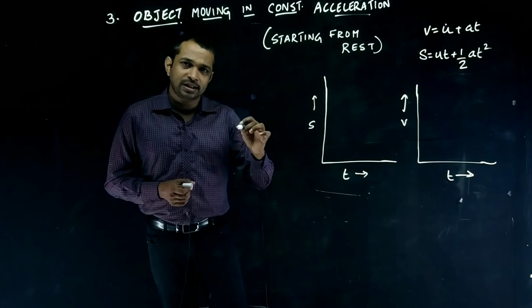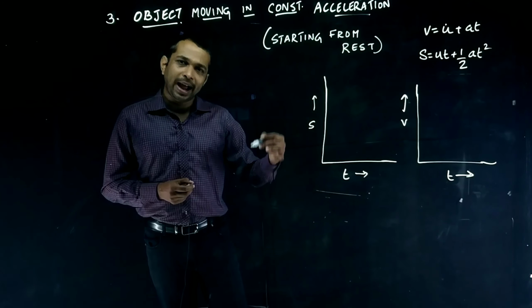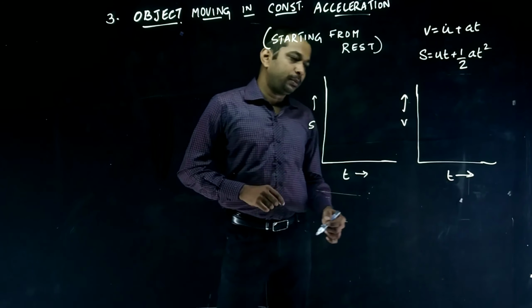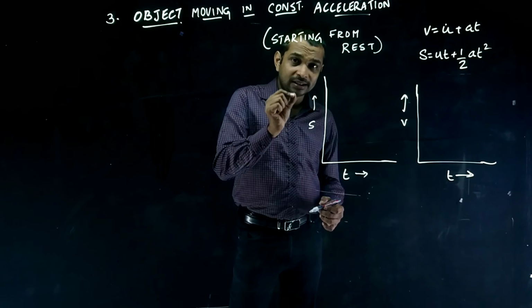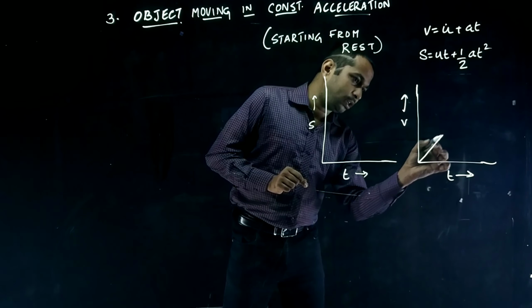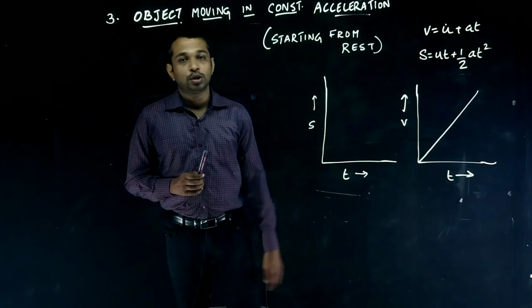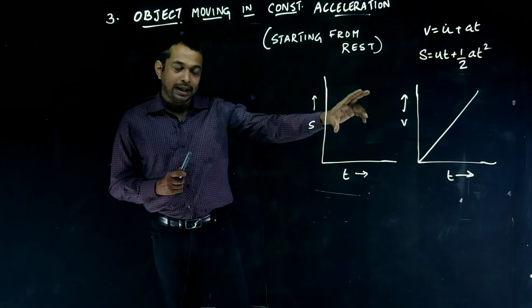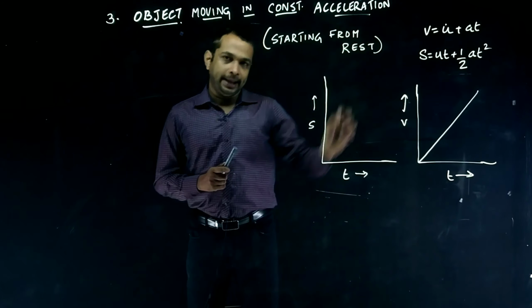Just like distance is equal to velocity into time, here velocity is equal to acceleration into time, which means this is a straight line, and because this is starting from rest, this will start from the origin with a constant slope, and the magnitude of that slope will give you the value a.